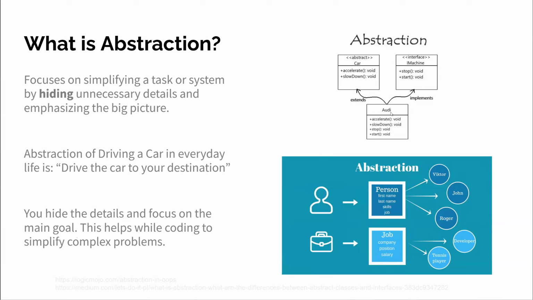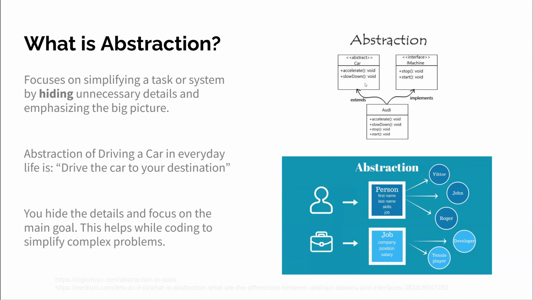We can abstract this layer by having a car table, because Audi is a car, so we are storing cars, and we add an interface to stop and start the car, which is basically functionality for all of the Audis that we have.